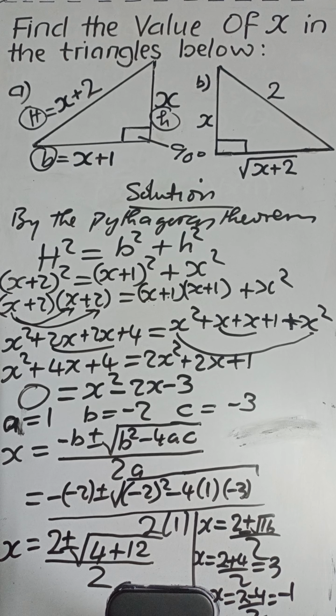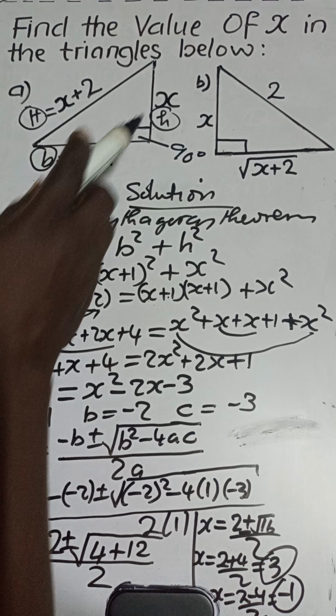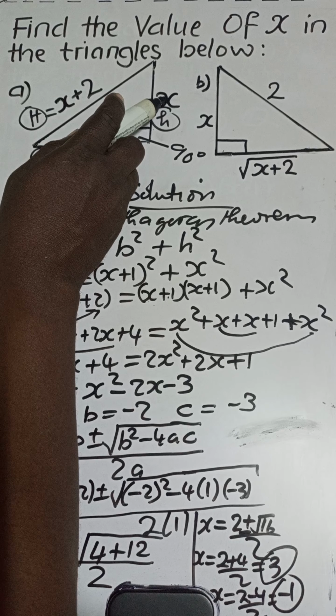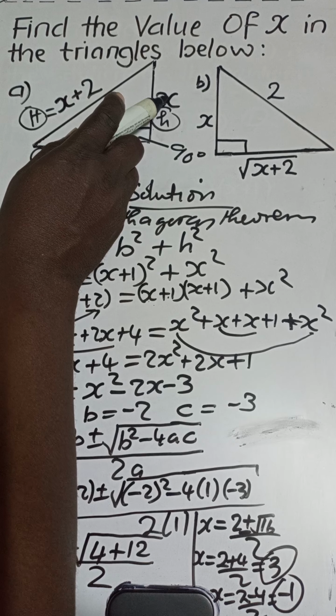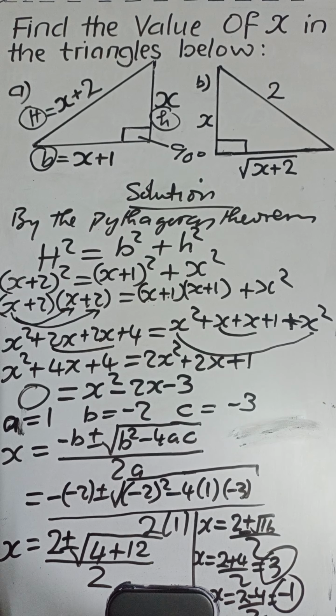So the possible values of x are x equals 3, x equals -1.